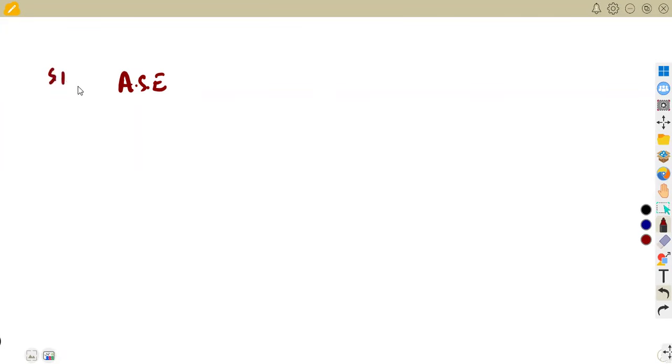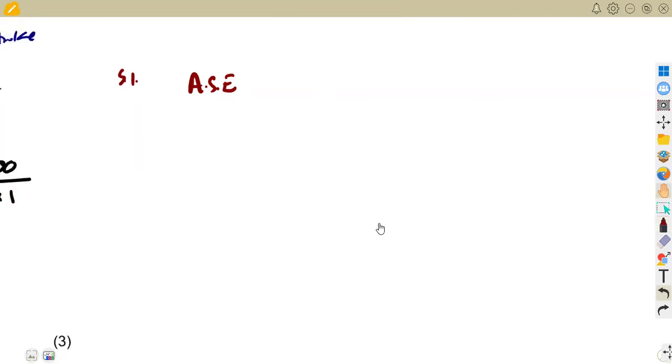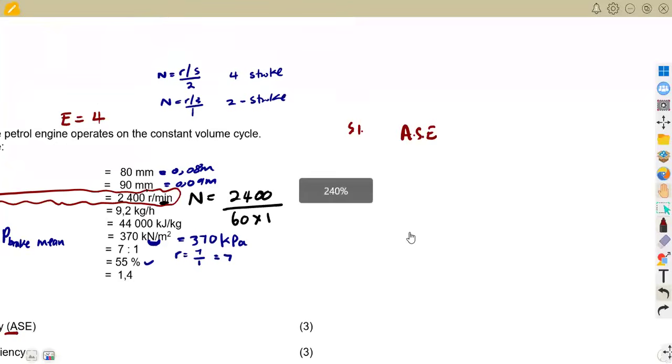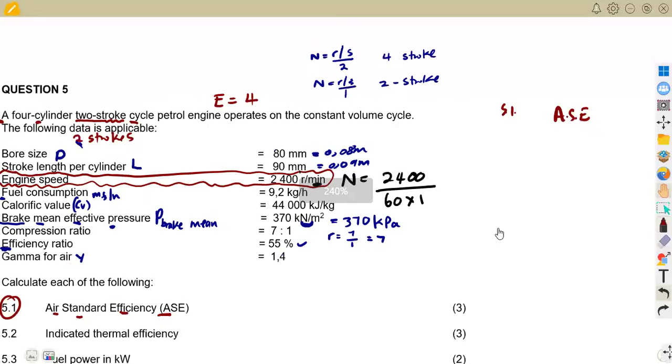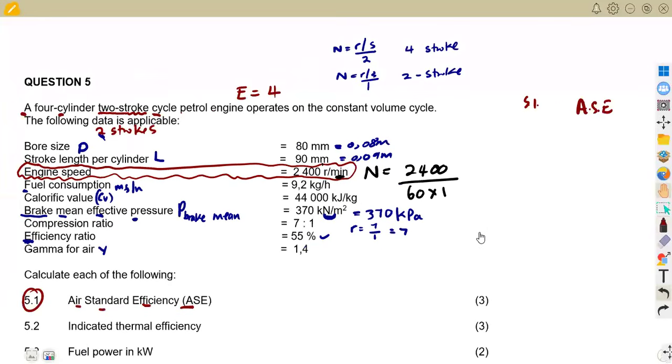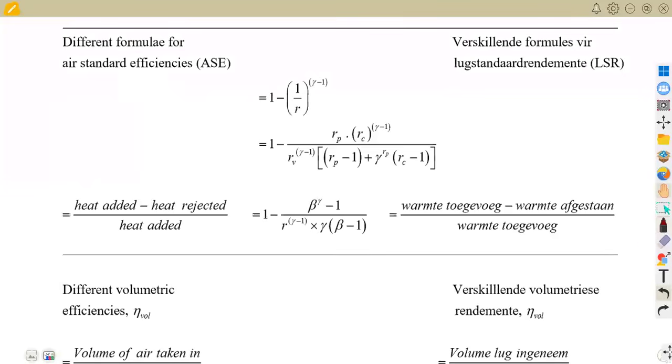5.1. If we check according to the information that we have, there are so many formulas where the air standard efficiency is being used. Like I said, it's an advantage that we've got our formula sheet here. There are different formulas for air standard efficiency.